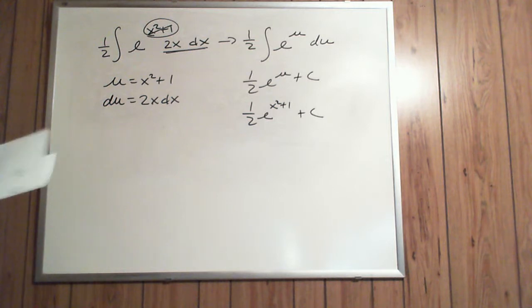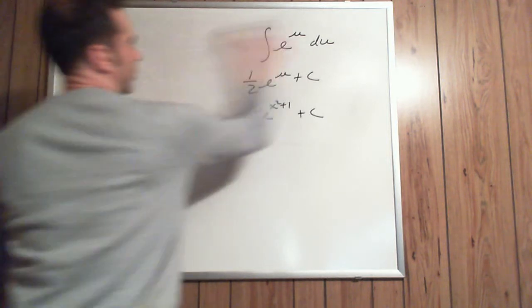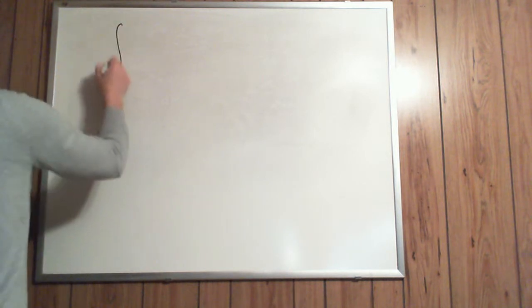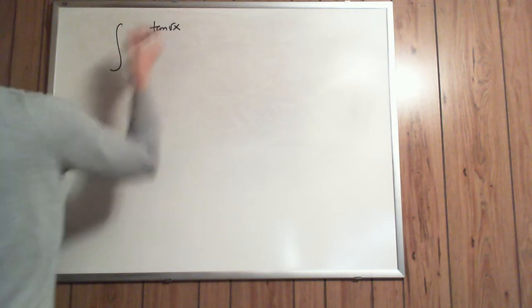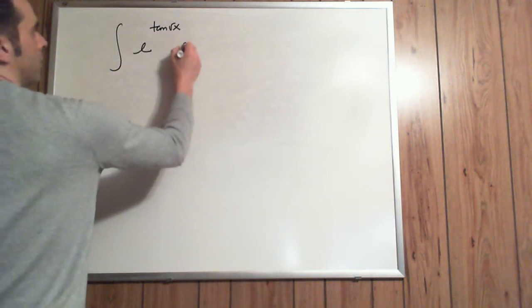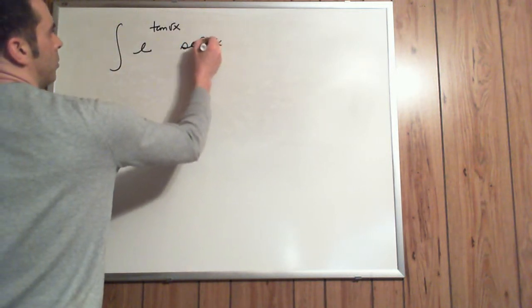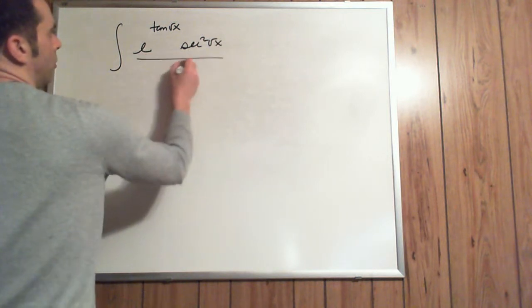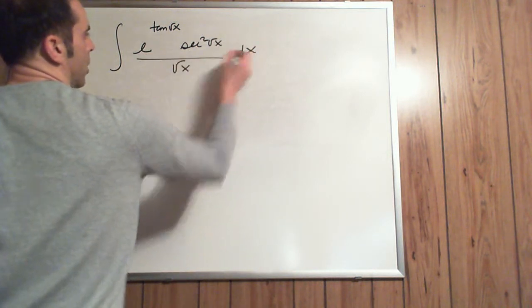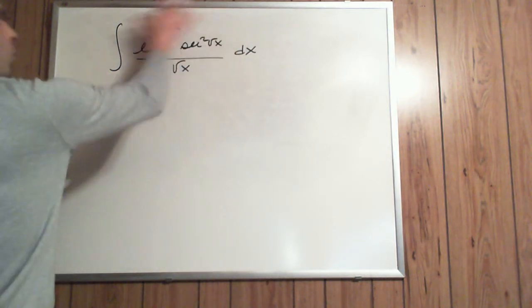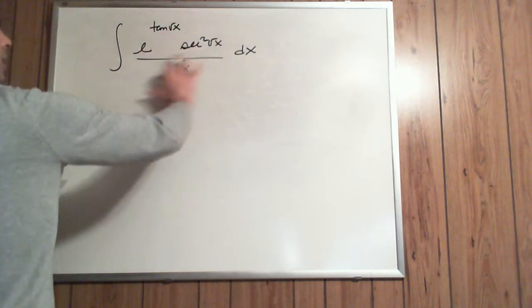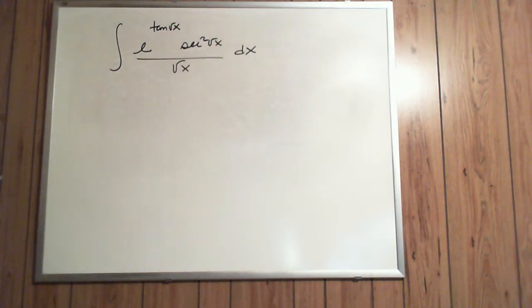Okay, another example. The indefinite integral of e to the tangent of root x power times secant squared of root x all over root x dx. So something like this could look intimidating or complicated, but actually the more stuff you have going on here in the integrand, the easier it is.